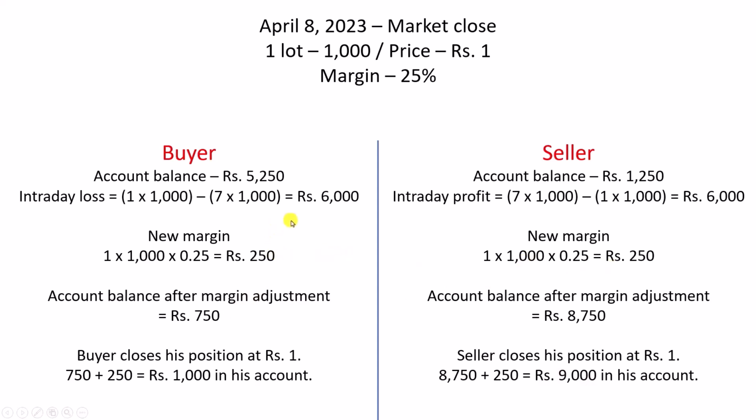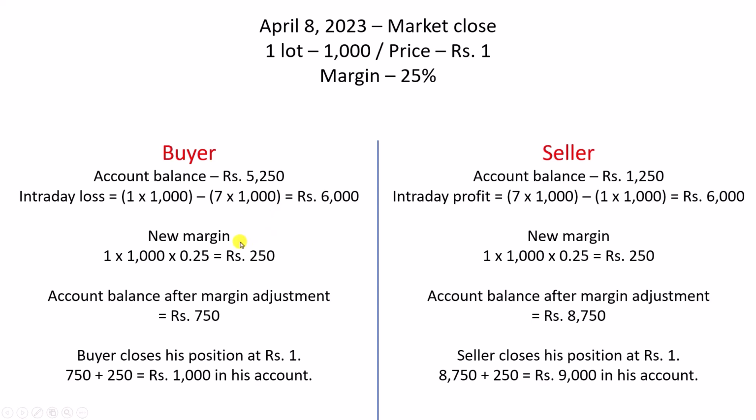If more is required, then it is taken from the account. If more is not required, if it is in excess, then it will be paid back to the account. Okay. So that is why the account balance must be sufficient so that the margin can be maintained.